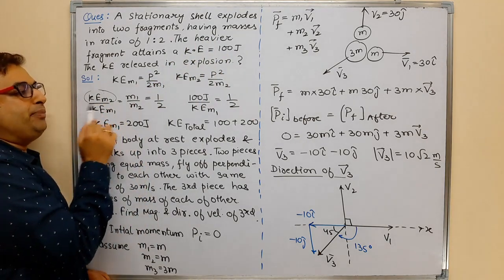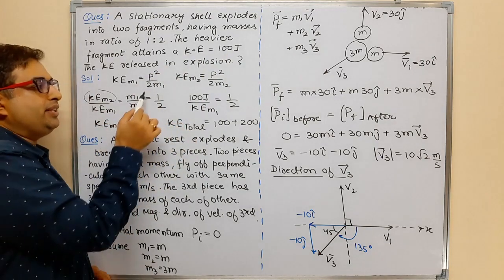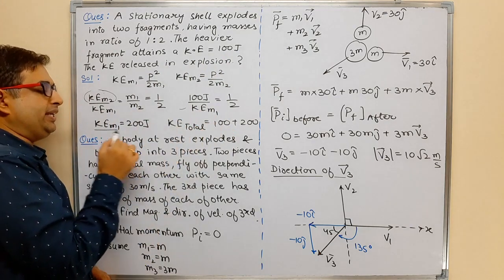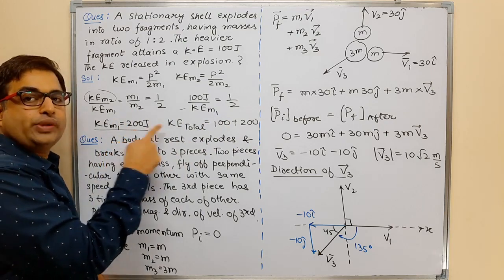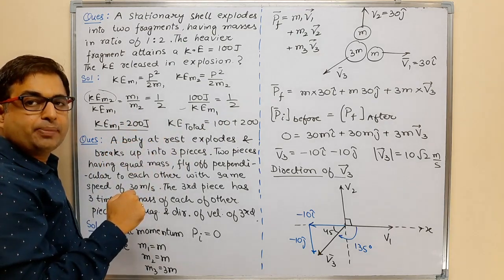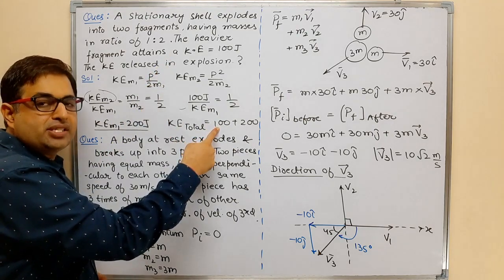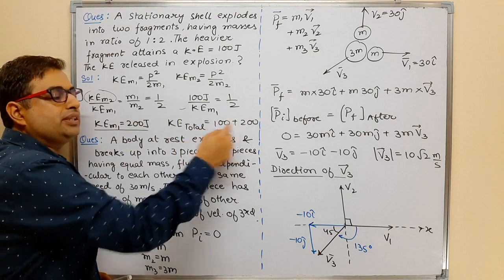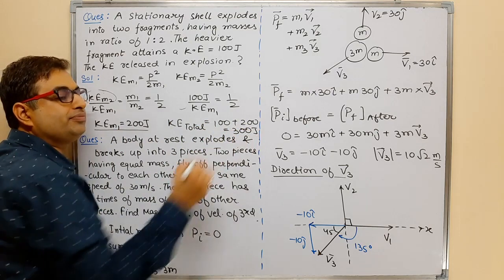So KE m2 is 100 joule, KE m1 we have to calculate, and this ratio is 1 by 2. So from this you will get kinetic energy of mass m1 is 200 joule. So what is the total kinetic energy released in the process? It is 100 joule of heavier mass and 200 joule of lighter mass. So total 300 joule is the total release of energy.